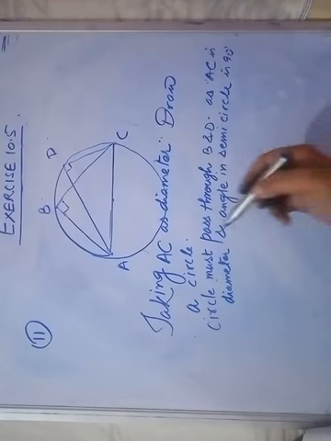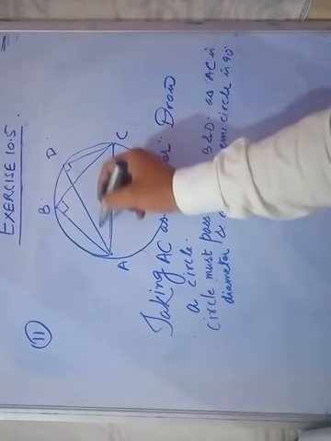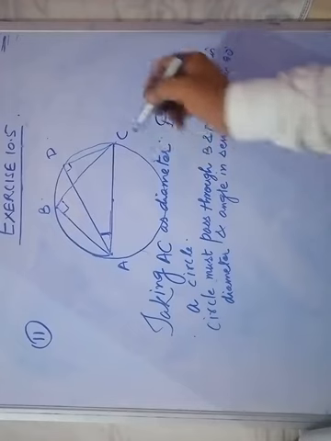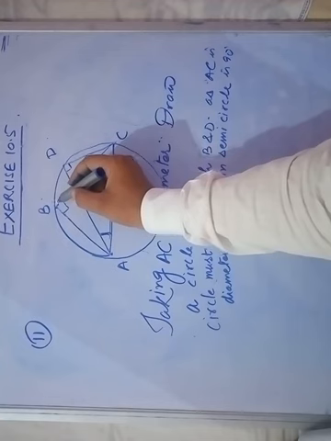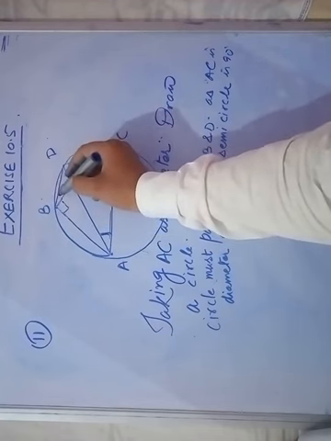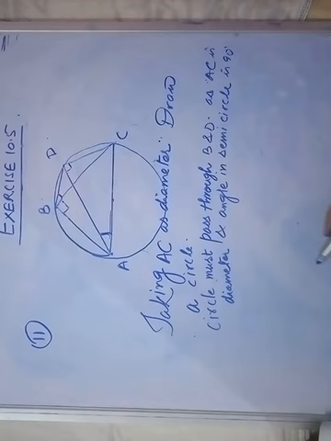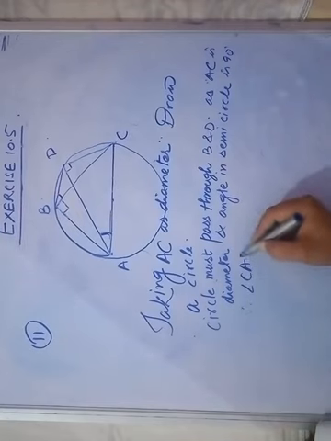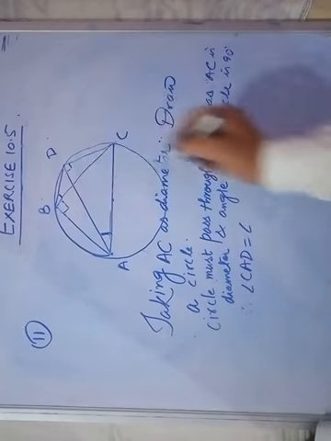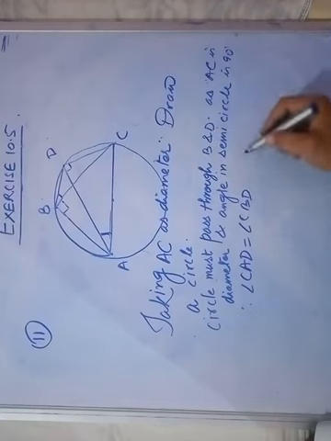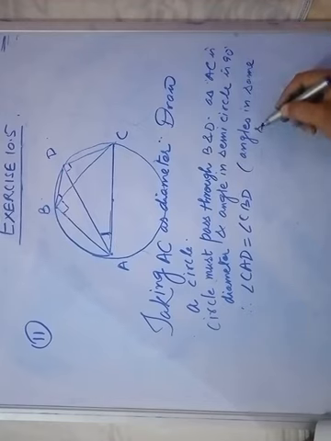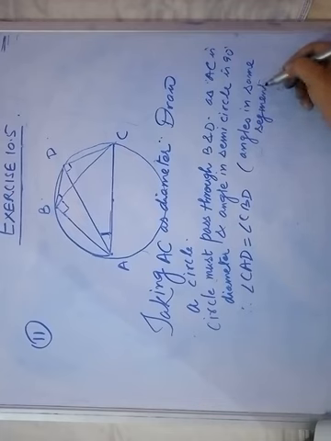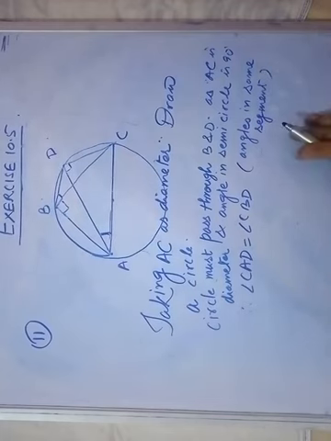Now we have to prove CAD, here CAD, this angle, and from the same points CBD, okay, join these two points, so CBD. Therefore angle CAD equal to CBD, as angles in the same segment, and we know that angles in the same segment are equal.